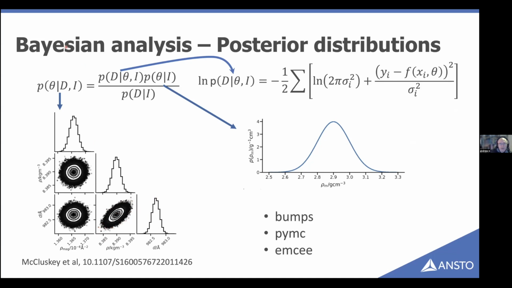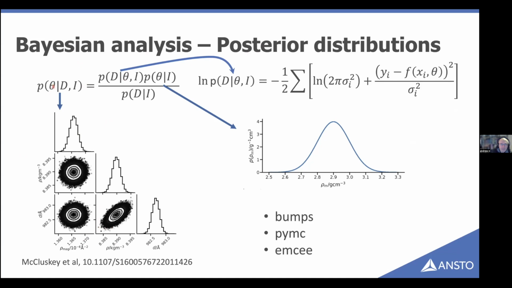So we then fall back on more advanced techniques with Bayesian analysis. The aim of Bayesian analysis in our particular application is to work out the posterior distribution of the parameters. The posterior probability distribution is effectively represented by this graph down here.